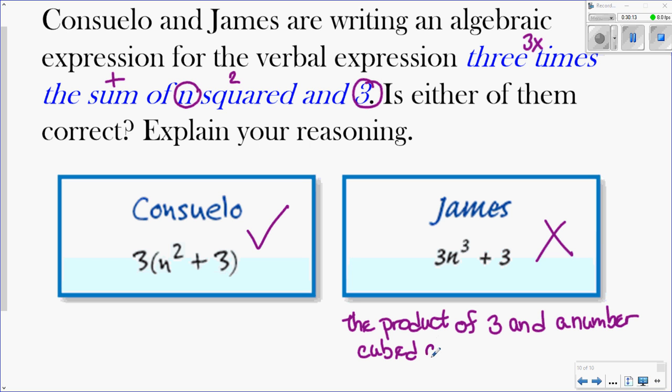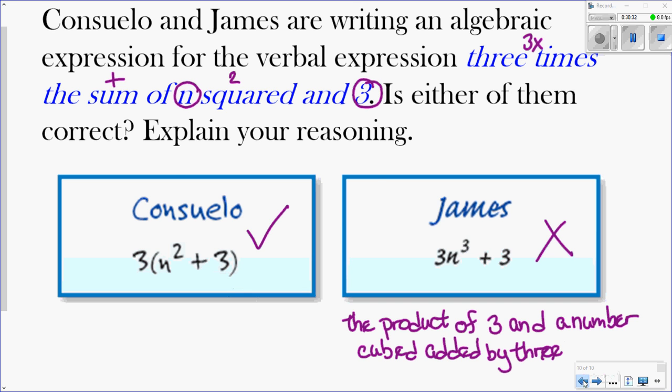Added by 3. I know I should have spelled out 3, but hey. So that's what this is translated to. This works with this one, so as we said, Consuelo is correct.